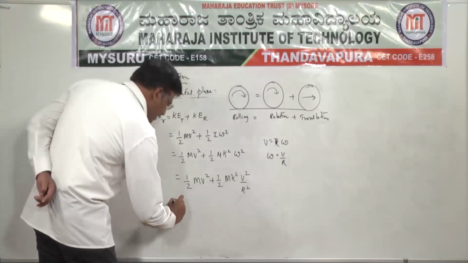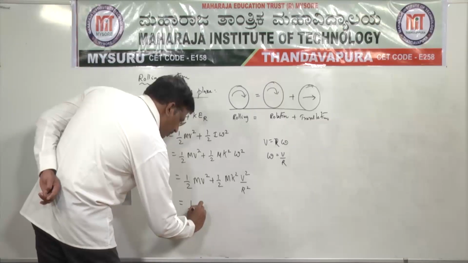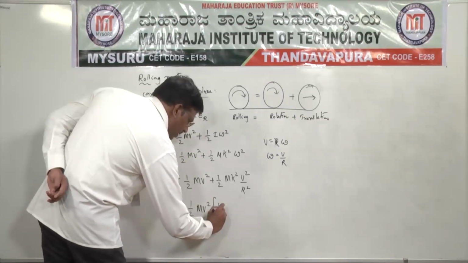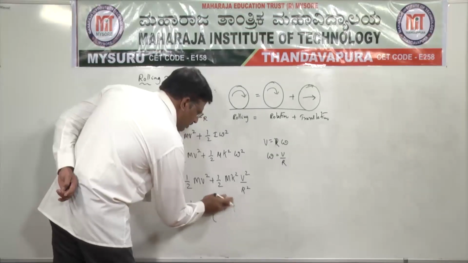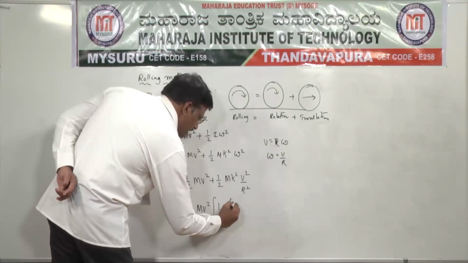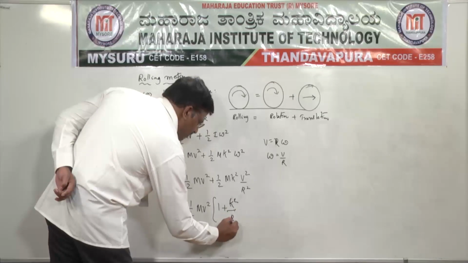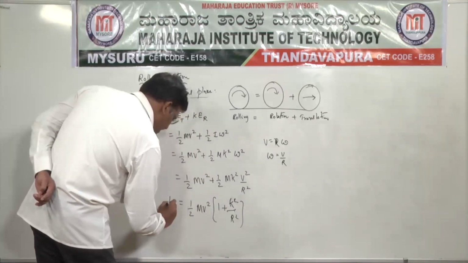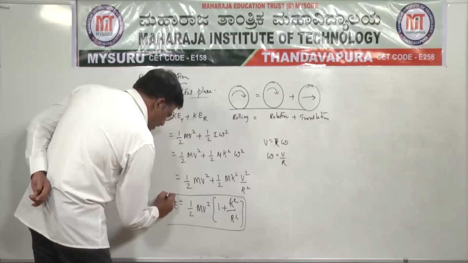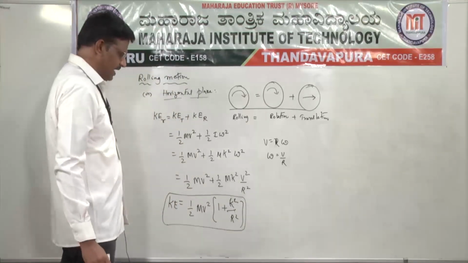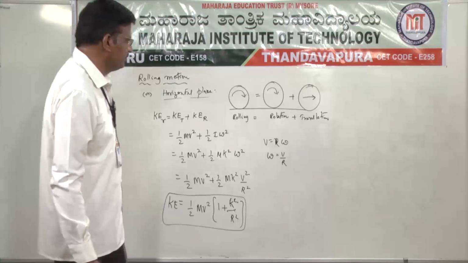In both the terms, if half m v squared is taken as common, the remaining term is 1 plus k squared divided by R squared. This is the formula for kinetic energy of a rolling body on a plane surface.